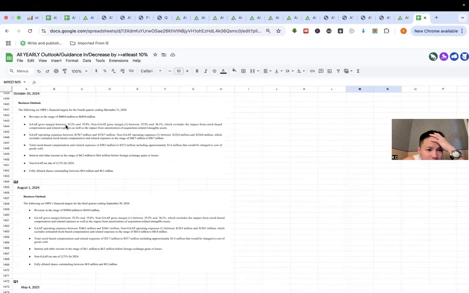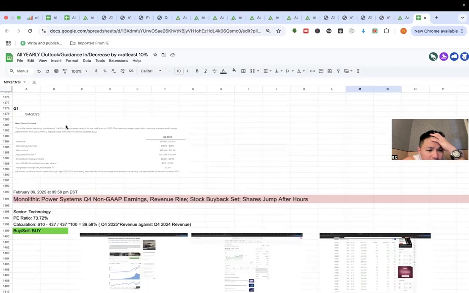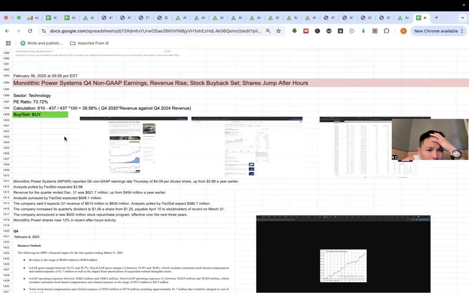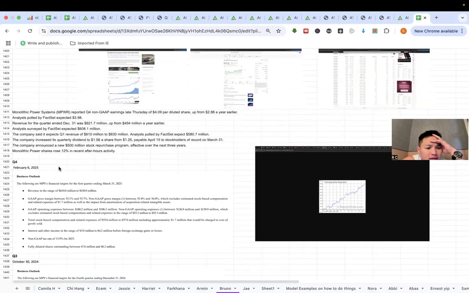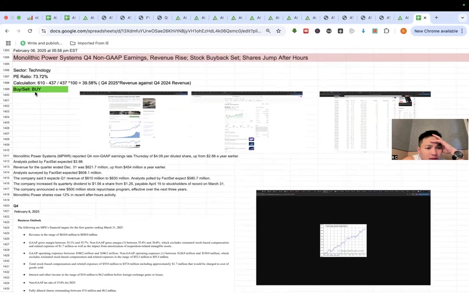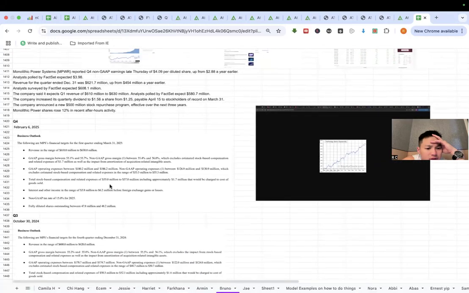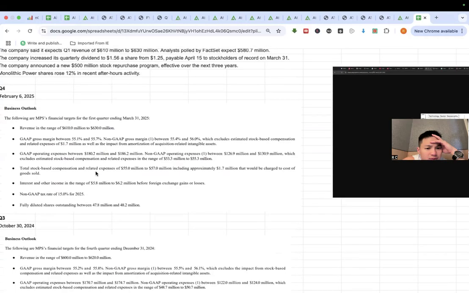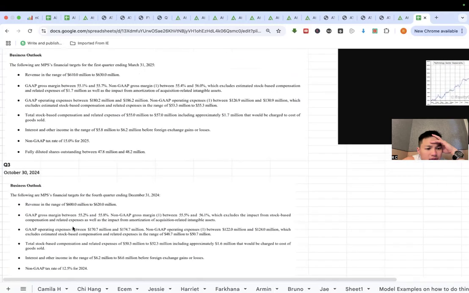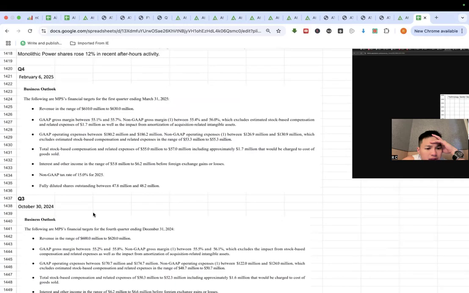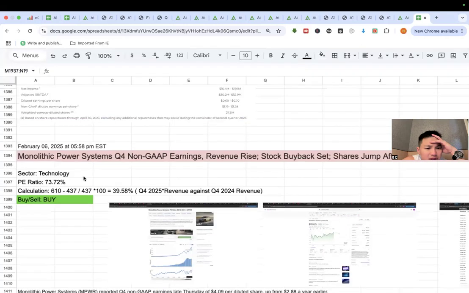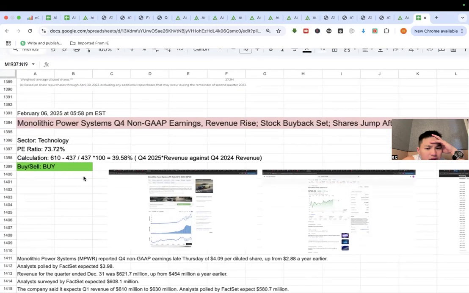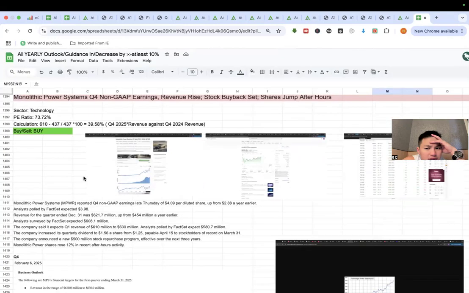I think we did it last week, isn't it? Monolithic Power, 39%. So you use 610 minus 43. Where's 610? Yeah, this one. 610 minus 600. A little bit of an increase. Monolithic, a little bit of an increase.